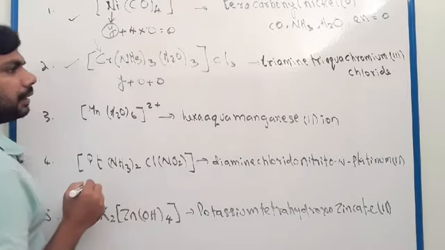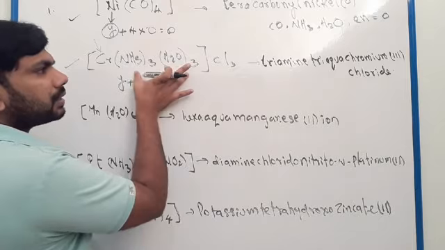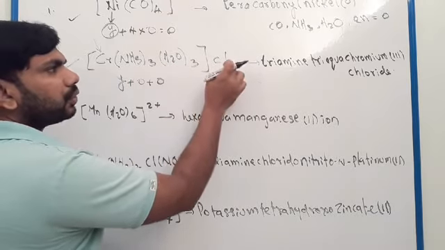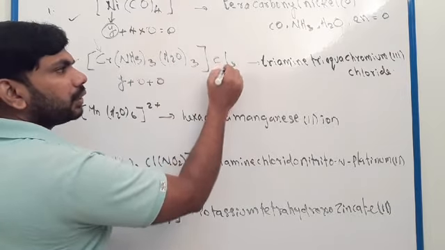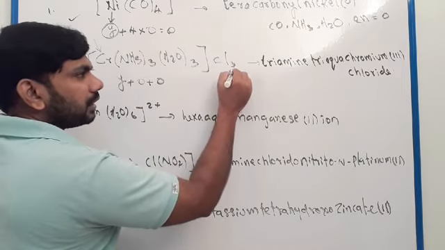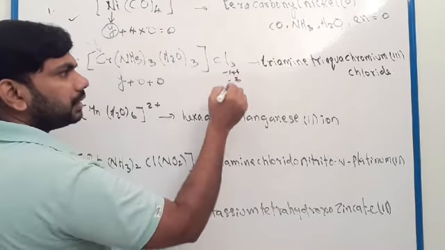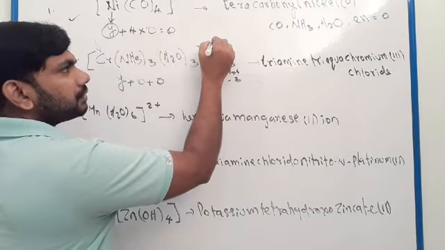Okay. And see here, there is a cation part and an anion part. We know chlorine is minus 1. Okay. So minus 1 times 3. So this anion part will be minus 3. So here the cation part will be plus 3.